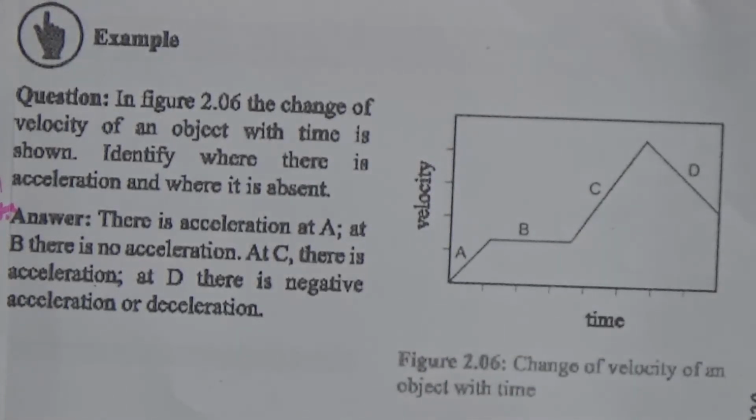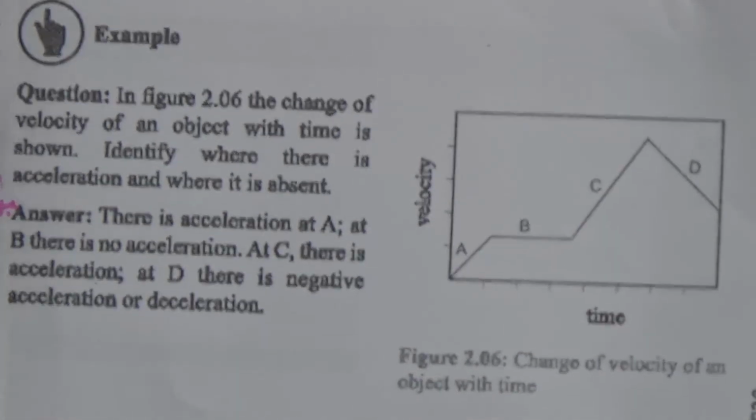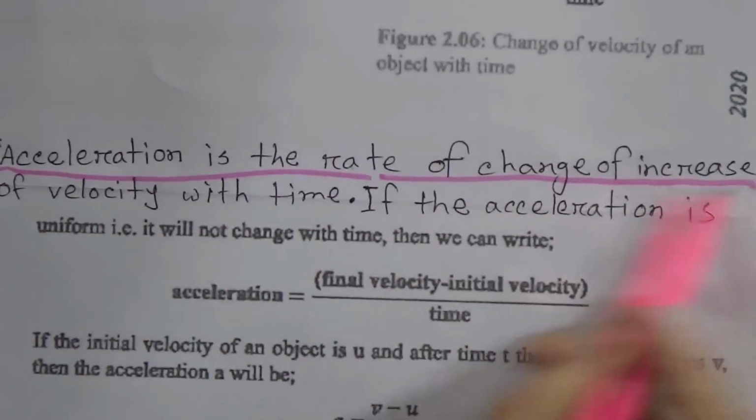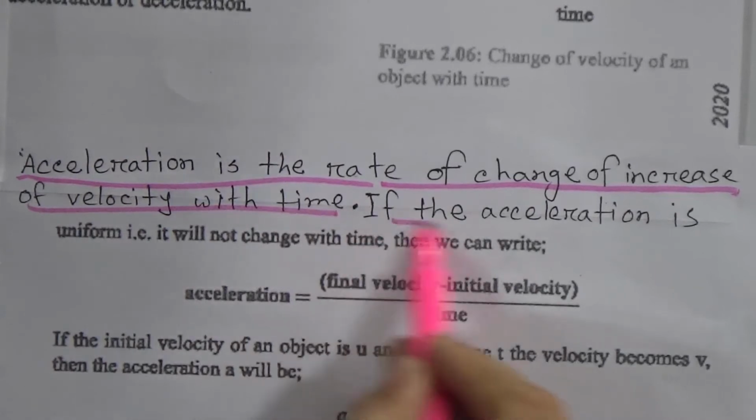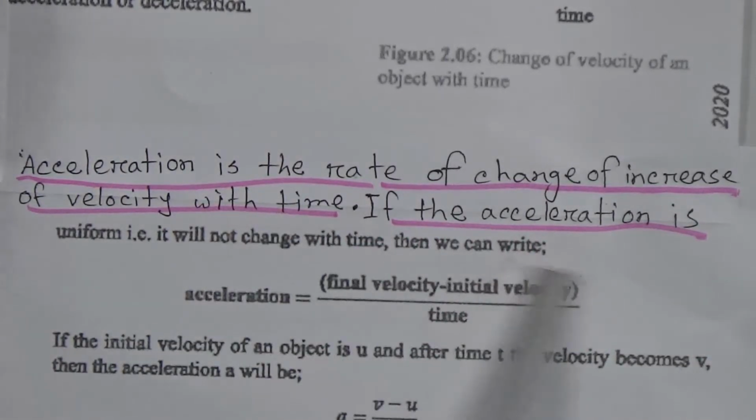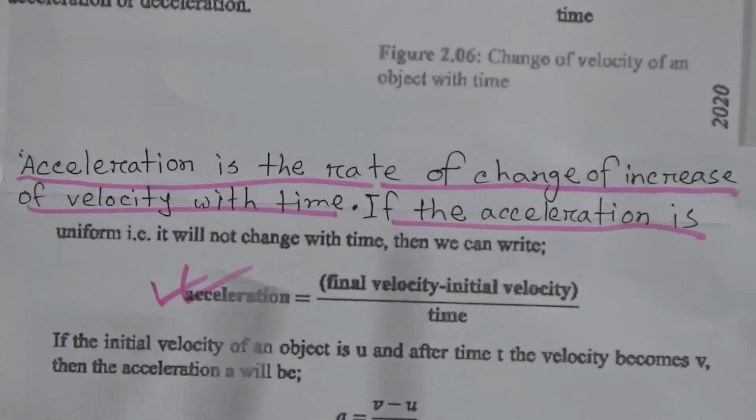Okay, my dear students, now what is acceleration? Acceleration is the rate of increase of velocity with time, and if the acceleration is uniform, it will not change with time. Then we can write, you have to memorize this one: acceleration equals final velocity minus initial velocity divided by time. This is the formula.